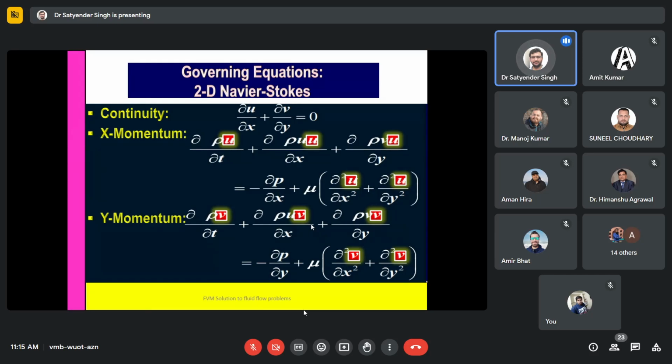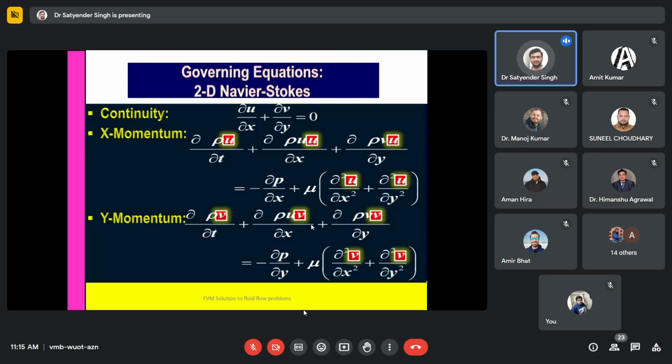The first one is representing the continuity equation, which represents the mass balance only, the conservation of mass for a control volume, and now we have x momentum and y momentum, where I have already highlighted the variables for your reference. So we will have a discussion about each individual term, because the solution for each individual term will be different, and we will remember them also.